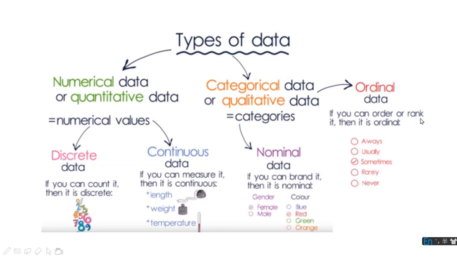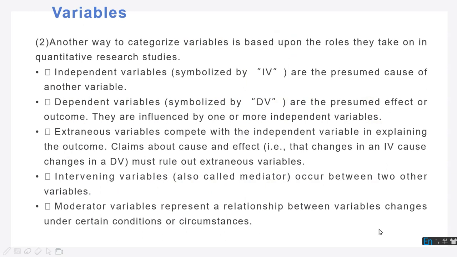If you can order or rank it, then it's ordinal. Both nominal and ordinal are categorical data. That's it. And then let's go to another way to categorize variables. Another way is based upon the roles they take on in quantitative research studies.